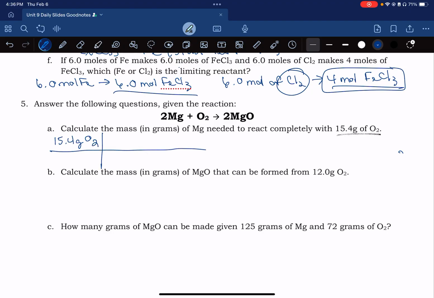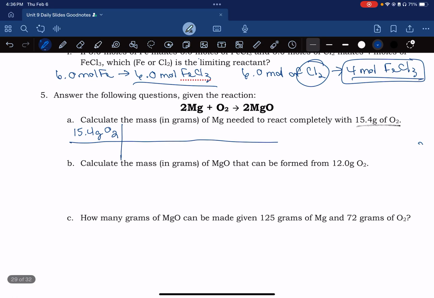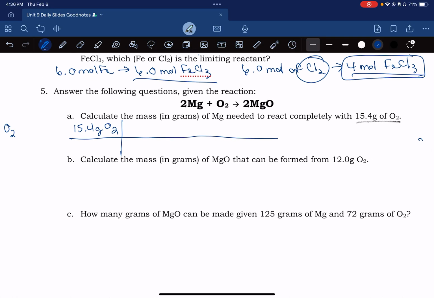And because I have grams in my problem, I'm going to need to use the molar mass of not only what I'm starting with, but also what I need to end up in. So my starting unit is O2. I know oxygen is 16.0, so that makes O2 32.